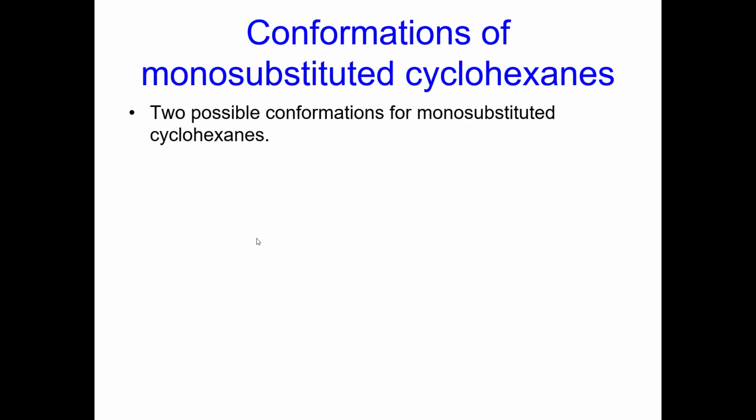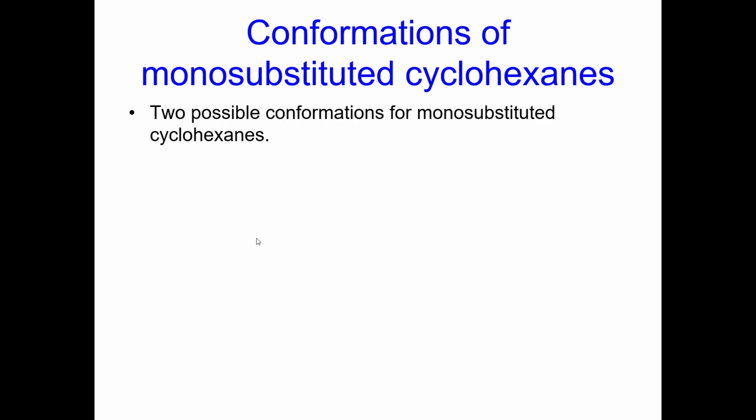Now, this is where we need to start thinking about our 3D space again. What happens if we have a mono-substituted cyclohexane? So, when we're talking about cyclohexane there, in our chair conformation, we had nothing but hydrogens there.